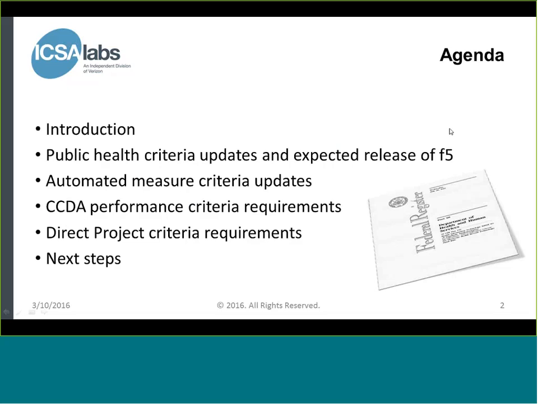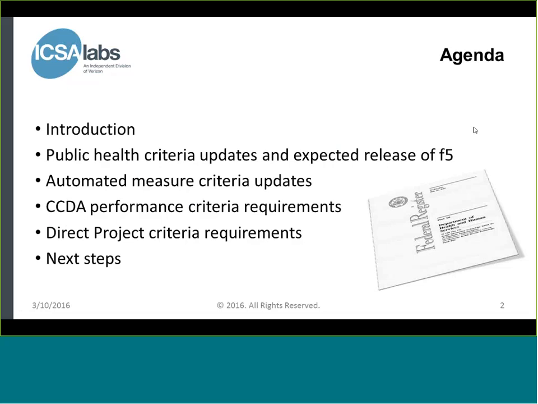So what we'd like to go over today, we're going to provide a brief overview of ICSA Labs for those on the call who may be unfamiliar with us. Next, I'll provide an overview of the items relevant to the criteria we're discussing today, followed by a review of the testing requirements for those public health criteria, as well as the delay in being able to certify criterion F5.